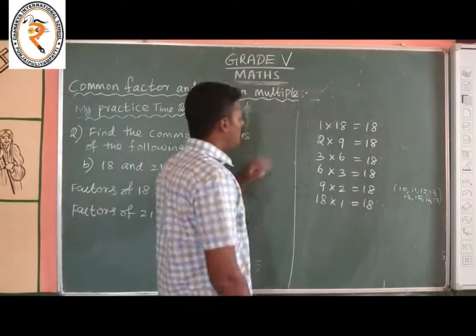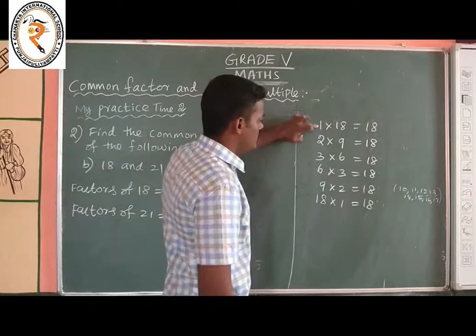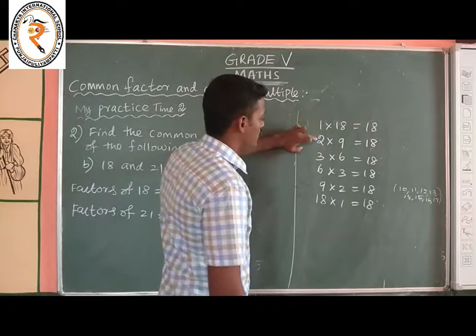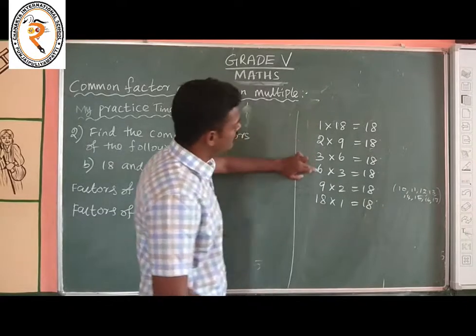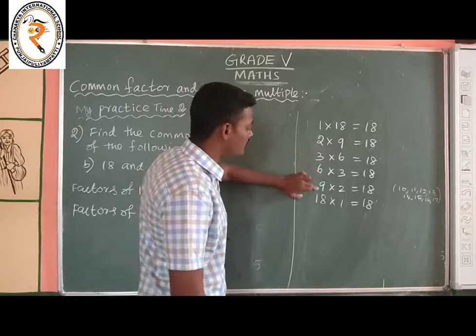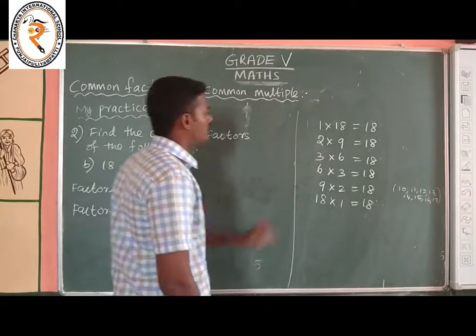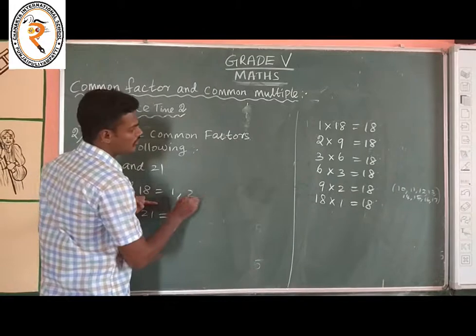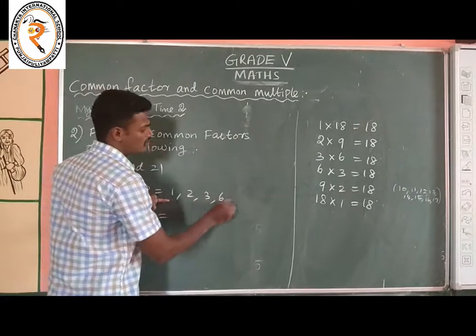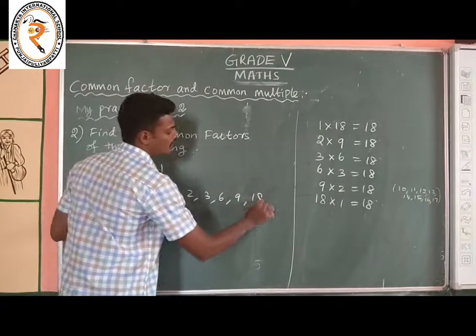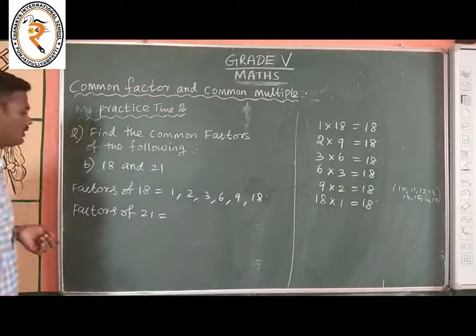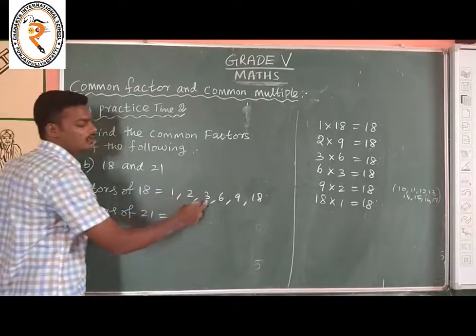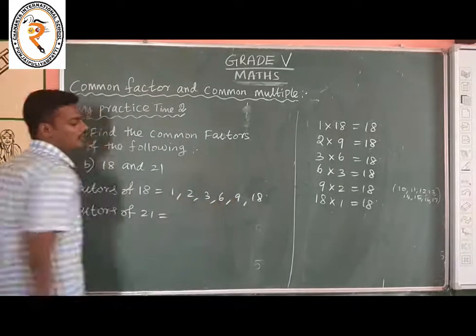So 18 is in 6 tables: first, second, third, sixth, ninth and 18th. So factors of 18 are 1, 2, 3, 6, 9 and 18.